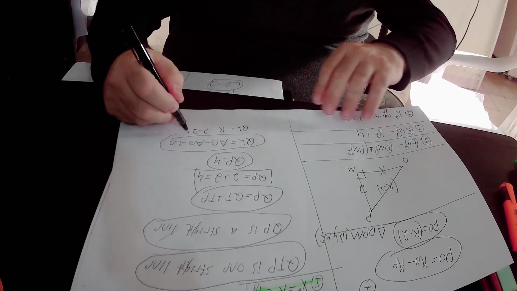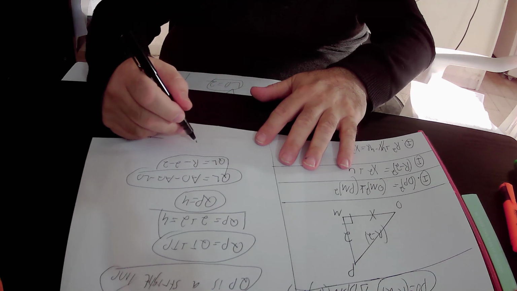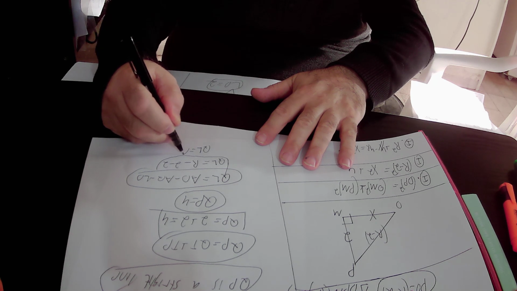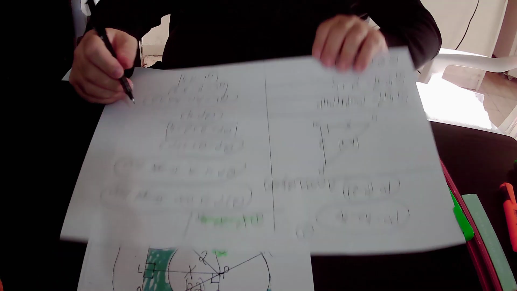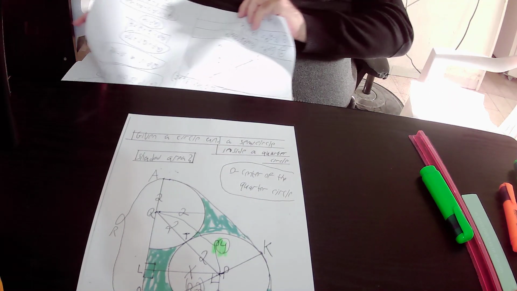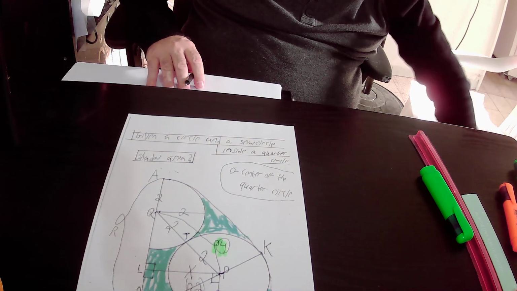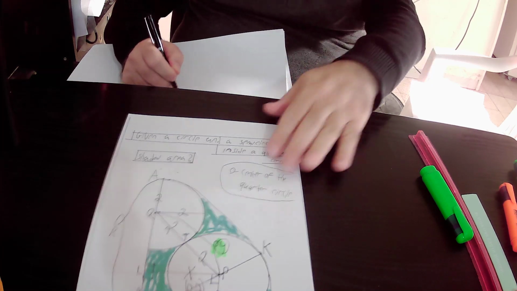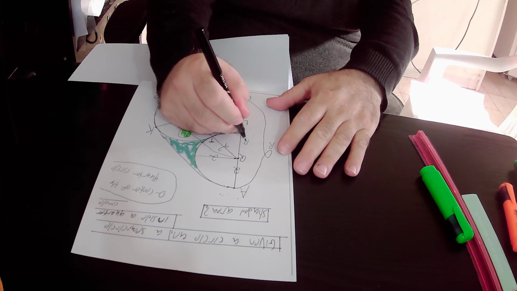So in conclusion, I found out that QL equals capital R minus 2 minus 2, and minus 2 minus 2 is minus 4, so QL equals capital R minus 4.